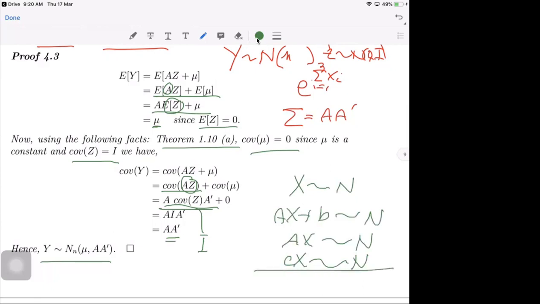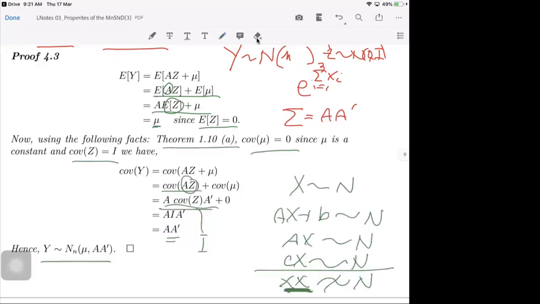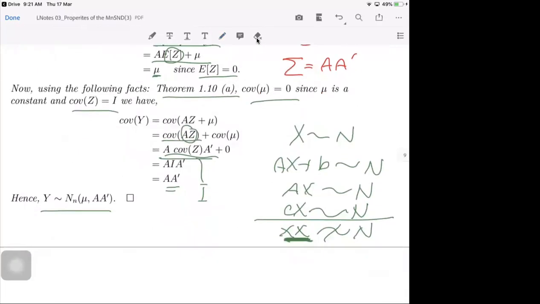But later you will see that a transformation by a product of normals is not necessarily normal. We will see later that a normal times a normal is different. A linear transformation is okay, or pre-multiplied by a constant matrix or a constant vector. But a product of random vectors will no longer be normal. You will see that it will be chi-square distributed later.